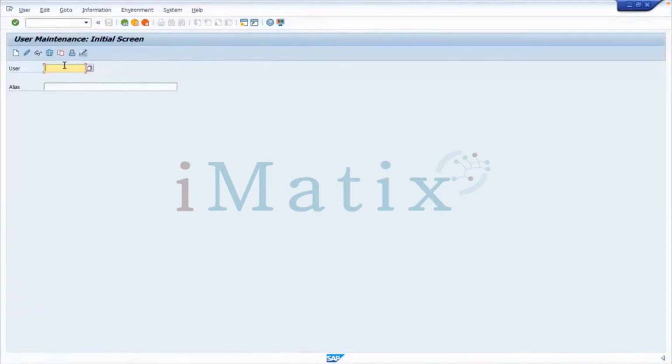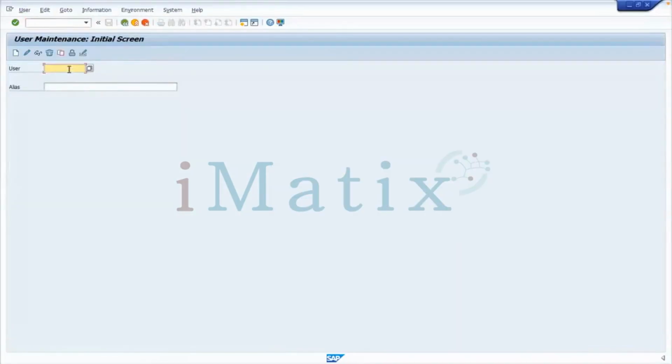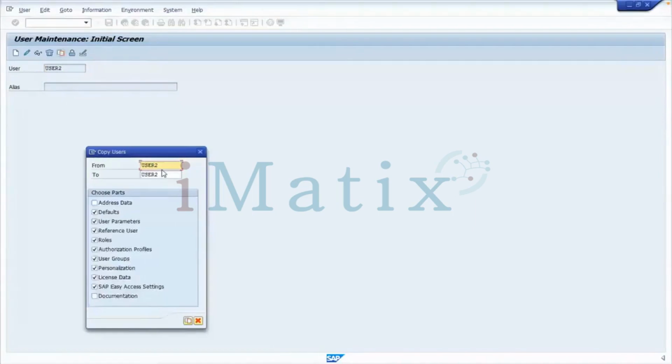I am going to create the user ID. User 3. Yes, I am just going to create user 4. I have just created only one user ID, you can see. Give me a minute, I am just going to create a user ID.